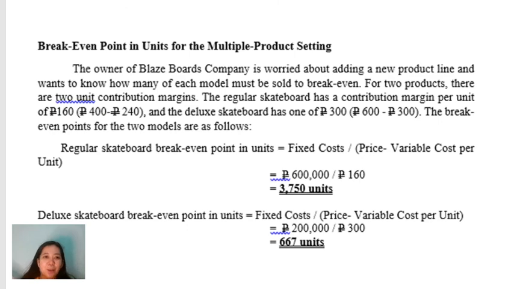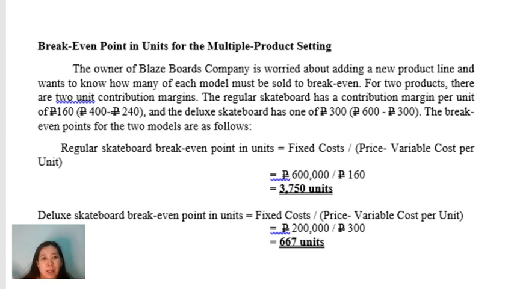The owner of Blaze Boards Company is worried about adding a new product line and wants to know how many of each model must be sold to break even. For two products, there are of course different contribution margins because they have different selling prices and variable costs.